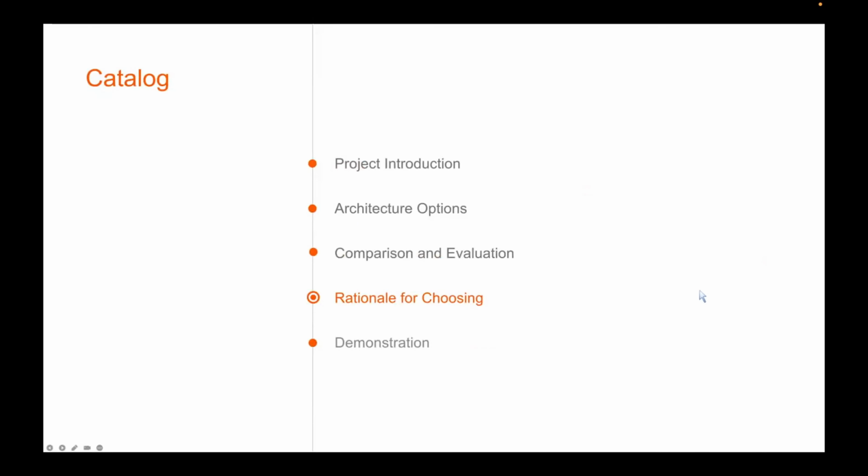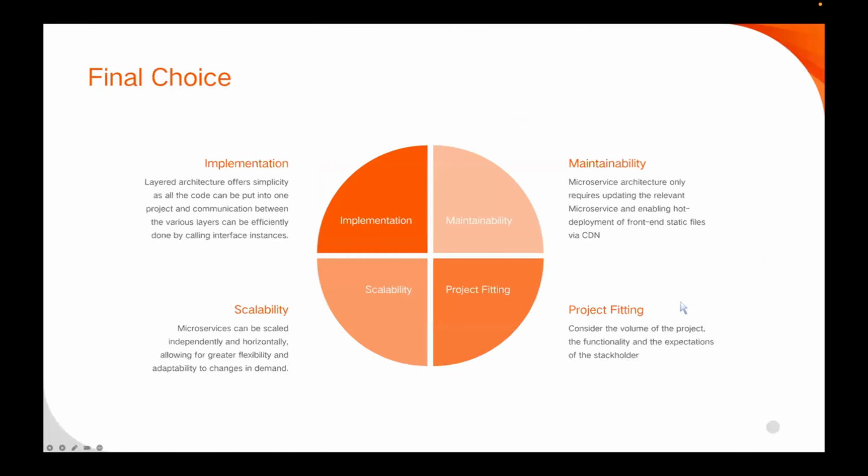Before we decide on the final architecture for our project, it's important to compare the pros and cons of both layered and microservice architectures. When it comes to implementation, layered architecture is simpler since all the code is in the same project and the direct calls between the layers are more efficient.